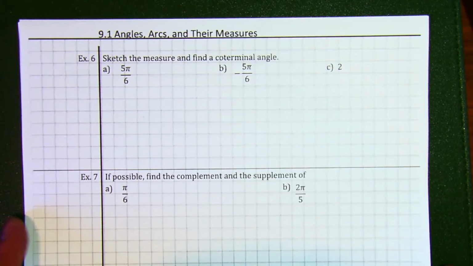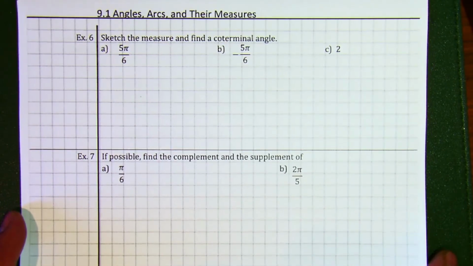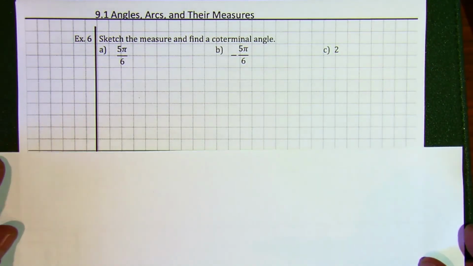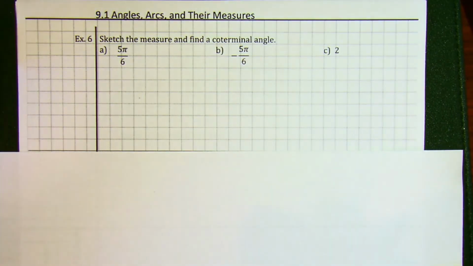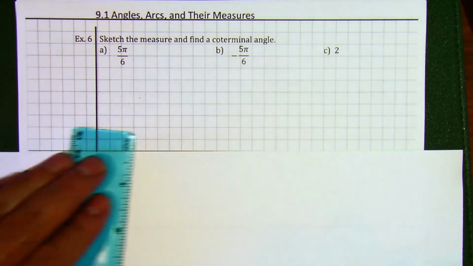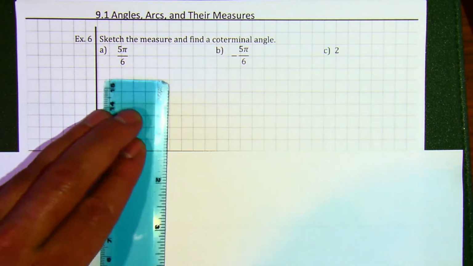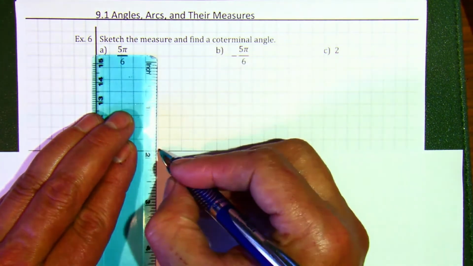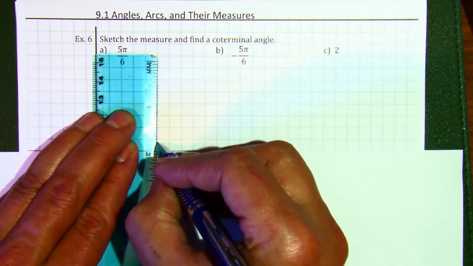Example number 6. Sketch the measure and find the coterminal angle. We did the coterminal angle in degrees, but now we're going to do it in radians.